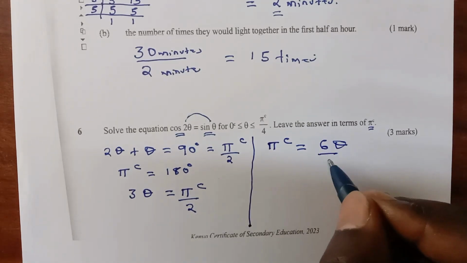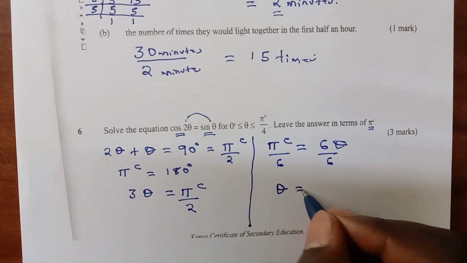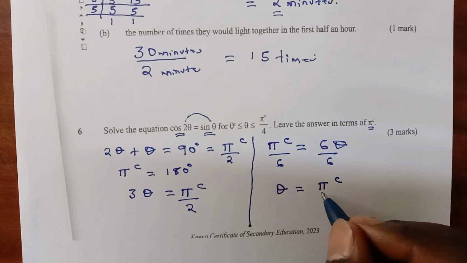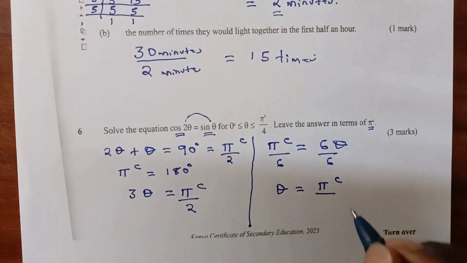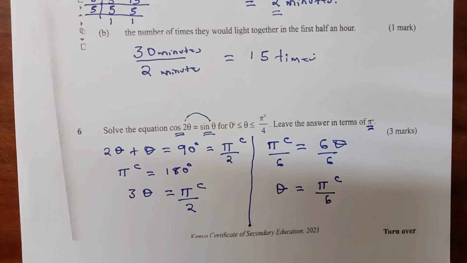Divide both sides by 6, and you find that the value of theta is going to be pi radians over 6. So we have left our answer in terms of pi radians over 6.